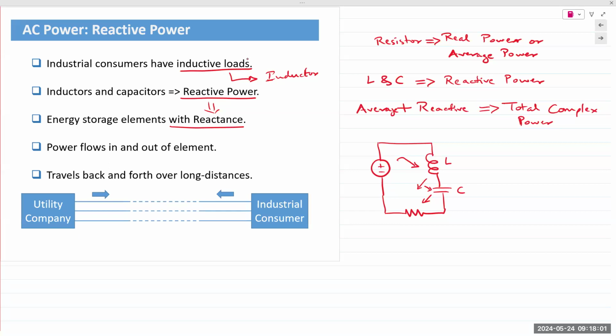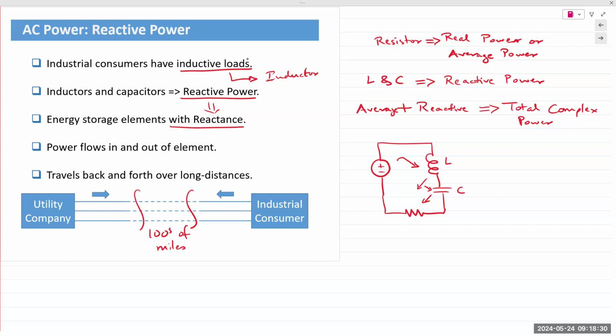But long distance transmission lines, when the power comes from the utility company, it's traveling miles, sometimes hundreds of miles away. So when you're transmitting power over long distances, the energy exchange is also taking place all along that long distance. So this could be hundreds of miles, right?